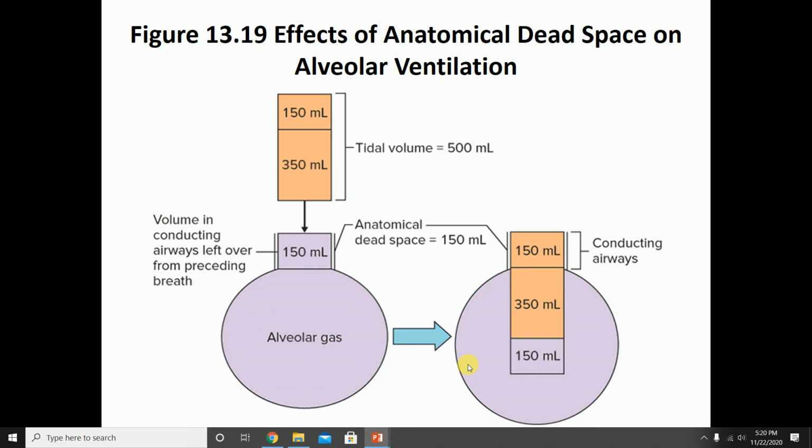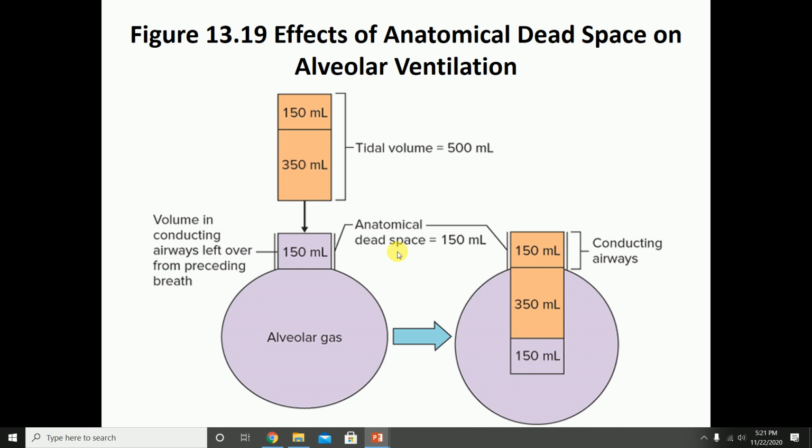Now, when we inhale, that tidal volume, which is half a liter, so 500 milliliters, again is the amount of air that we inhale at rest and exhale at rest. Not all of that air reaches the alveoli. Part of it remains stuck in what is known as the anatomical dead space.